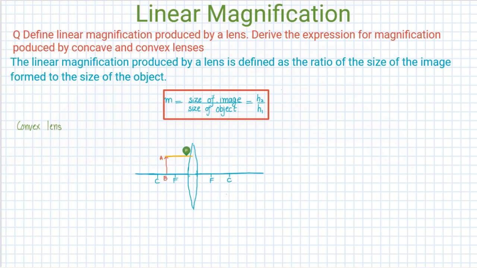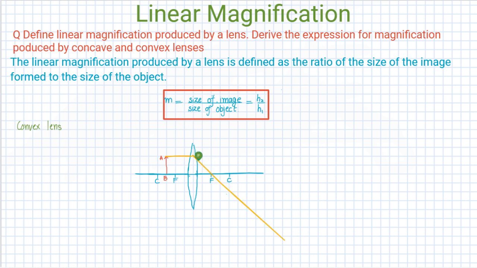After passing through the lens, it undergoes refraction. So after refraction, it passes through the focus.